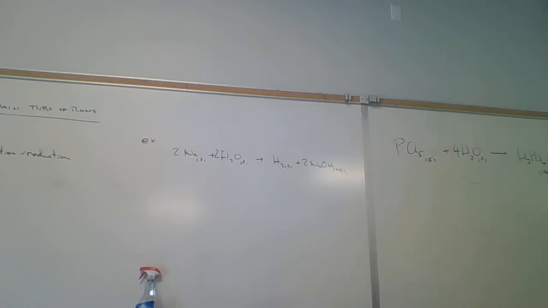It's got to be +5, Roman numeral 5. And so +5 minus 8 gives us -3. The oxidation state is the charge on the individual atom, assuming that it's comprised of all single atom ions.